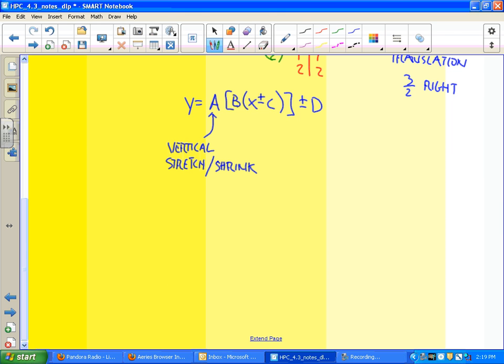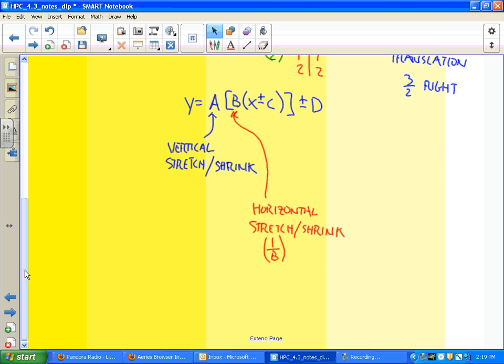The b is a horizontal stretch or shrink. And it actually affects your x and y movements by 1 over b, whatever that is. Whereas your vertical movements get affected by a.